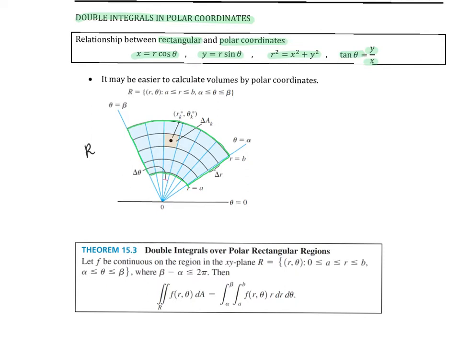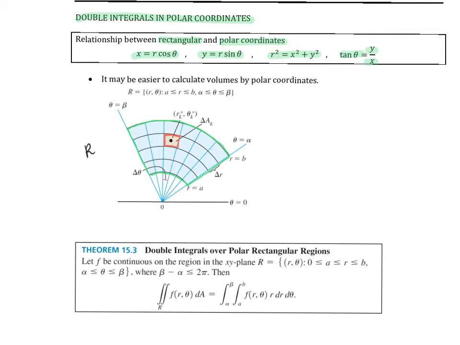So this region in an xy plane would be made up of little areas of rectangles. So in polar coordinates, we're also going to have an area. And look at this red region here. We're going to have an area, and it's called a polar rectangle. Not quite a rectangle because it's curved.